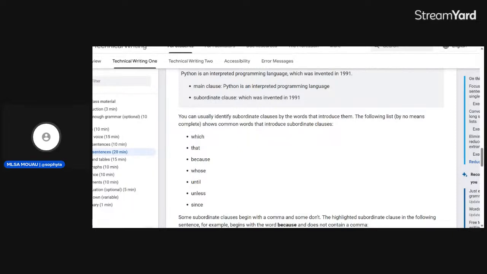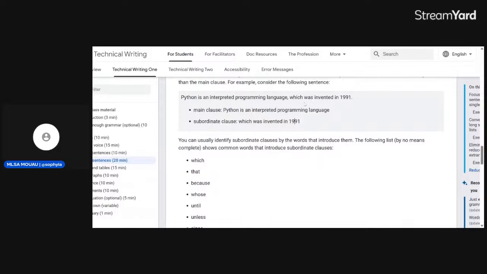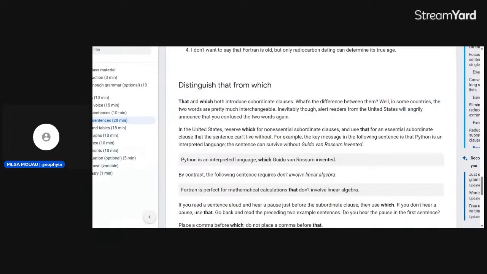So from here is the subordinate clause, and which was used to introduce that. So when writing, try to avoid using which to introduce a clause, and also ensure that you can tell the difference between that and which.